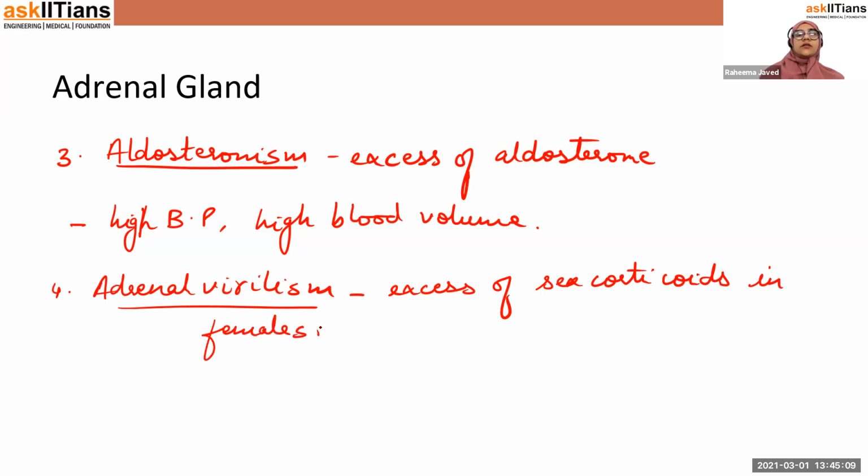So, as a result of high testosterone levels in females, they show the male secondary sexual characters like appearance of beard, the voice changes are there, and they also get hair on the chest region, etc. Okay, so these are the disorders of the adrenal gland.